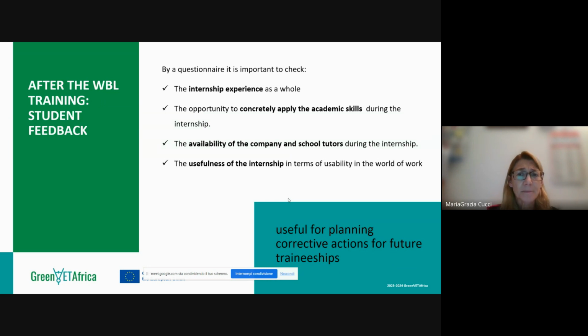And then after that, we have to understand the usefulness of the internship, in terms of usability of the work, sorry, of work. Okay, I made a change. Why?